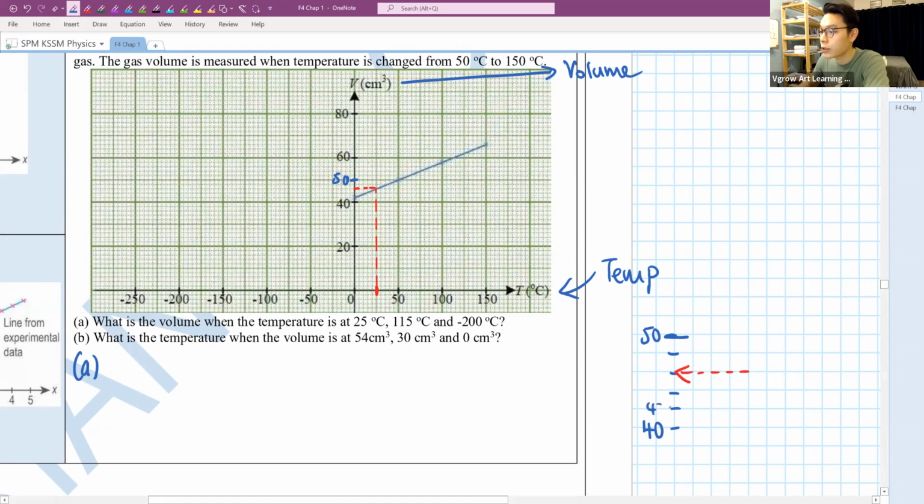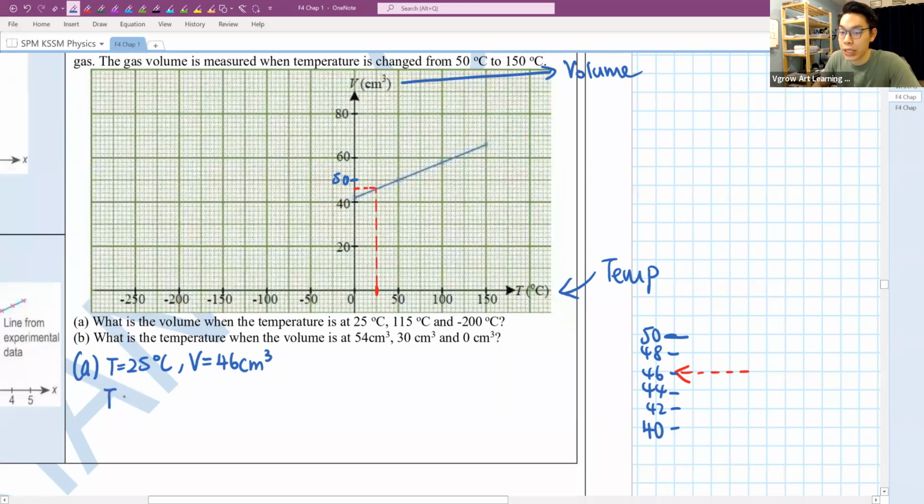So this is 42, 44, 46, 48, 50. Each small little box is 2. Okay, so when the temperature is 25 degrees Celsius, the volume is equal to, my one there, 46 cm cubed. Okay, 46 cm cubed.